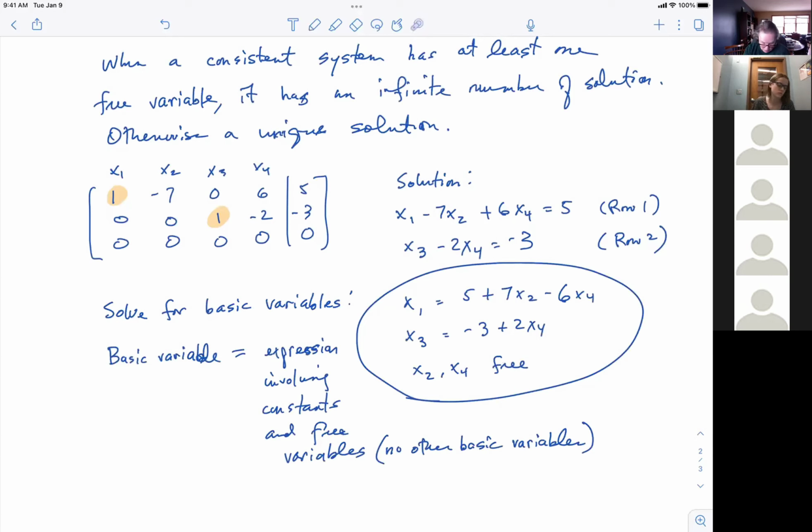So this is a basic variable, there's constant, free variable, free variable. Basic variable, constant, free variable.